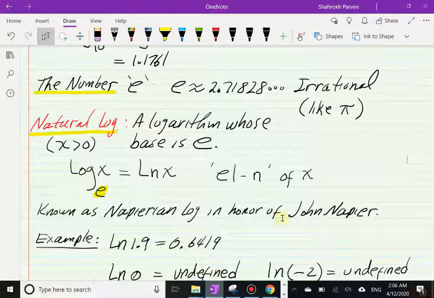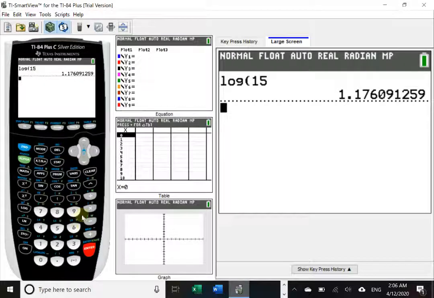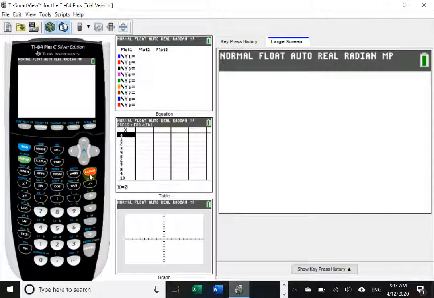Now, to do an example of a natural log, I'm going to look at ln of 1.9, and that number is 0.6419. So let me go back to my calculator here. I'm going to clear this one. And now, for the natural log, the ln is actually directly below the log button. So it's right in here. That's ln of, and it was 1.9, so just type 1.9.